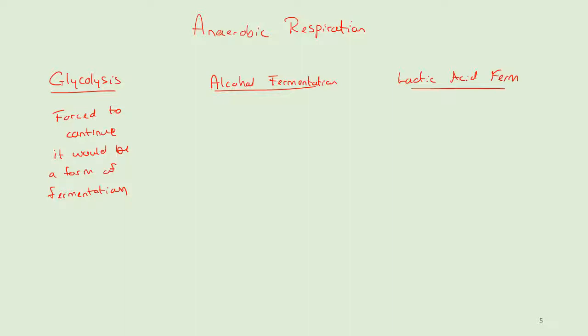The end product in alcohol fermentation, of course, is going to be alcohol, but also CO2 gas. Which gets used for a whole lot of purposes in commercial or industrial baking and stuff like that, even for creating alcohols that are consumed as beverages. And then we have lactic acid fermentation. It makes this thing called lactate, which is basically just lactic acid.